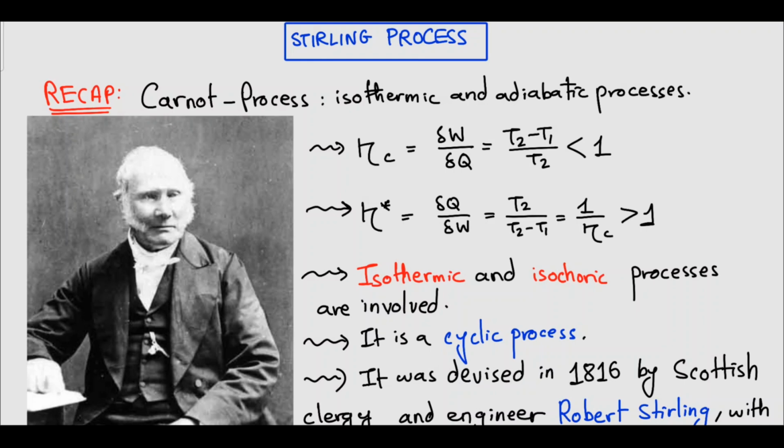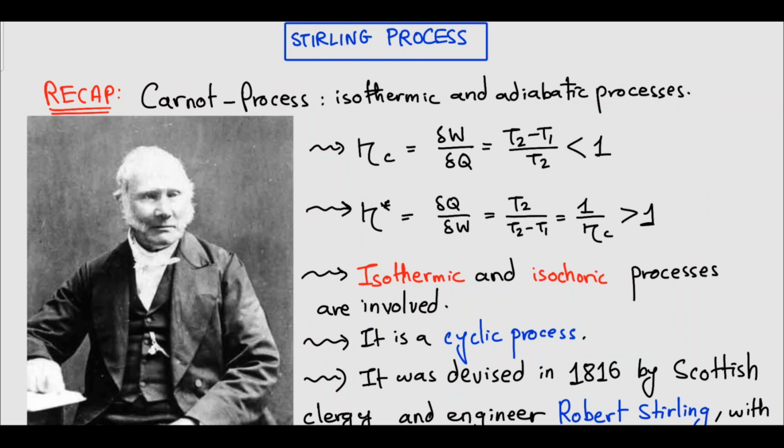We watched in the last video about the Carnot process, which was basically having isothermic and adiabatic processes in it. However, we also saw that adiabatic processes are a bit difficult to realize in reality, because adiabatic processes do not let energy transfer happen between a system and the surroundings.